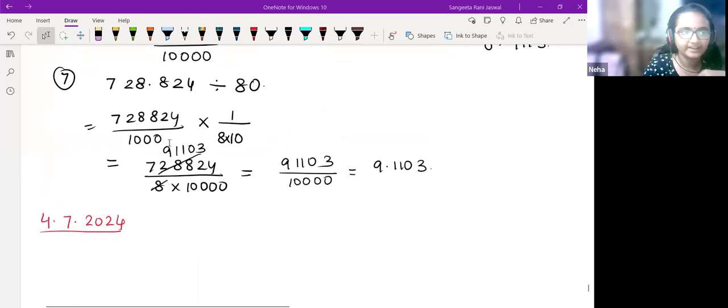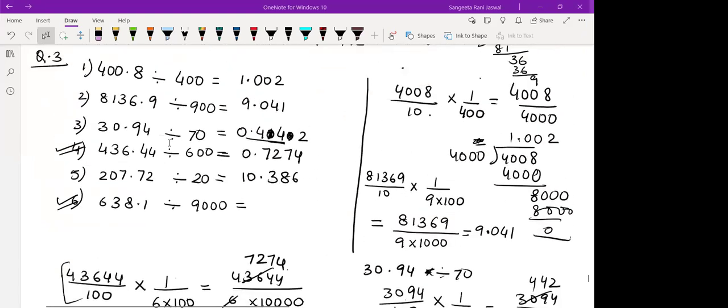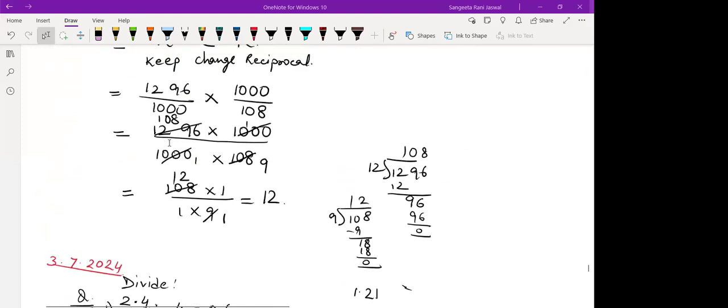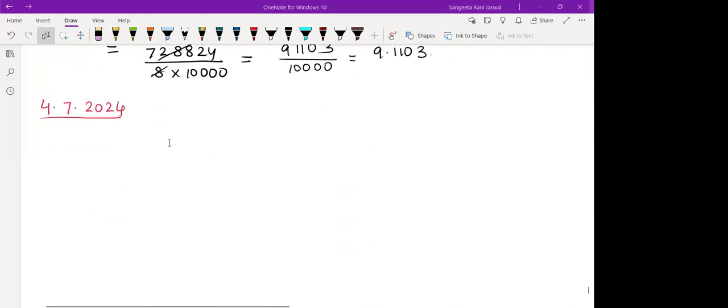Ma'am, can you explain dividing a decimal number by a decimal number again? I didn't get it. Okay. In that case, you need to convert both the numbers to fraction, and then apply the KCR. You get it? We'll do it again.